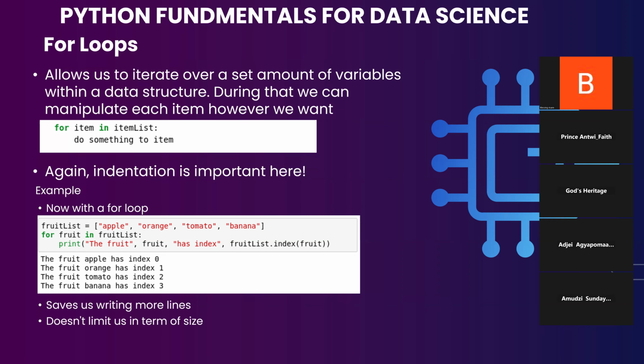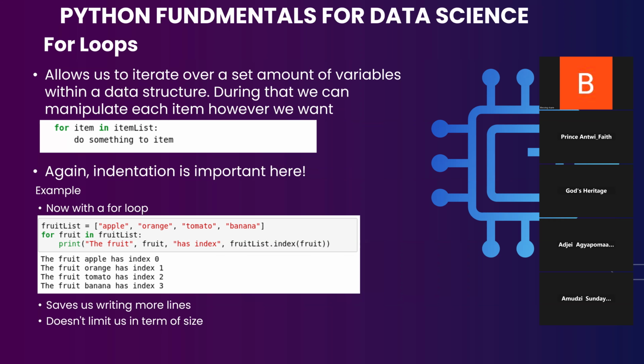This one, two, simple. So for the for loops, basically what we are trying to say is that it allows you to go over, or iterate, or repeat over a certain amount of variables within a particular data structure. Now, we can also manipulate them. So for item in item list, we generally do something. For instance, in the fruit example, fruit list is equal to apple, orange, tomato, banana.